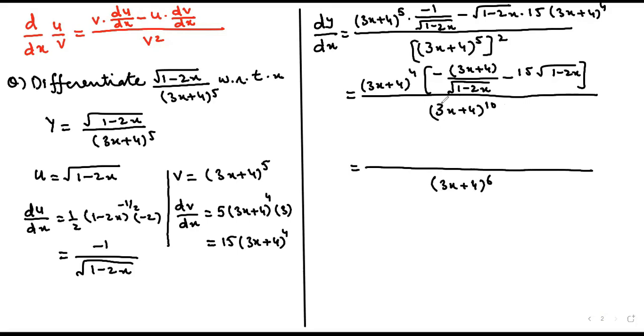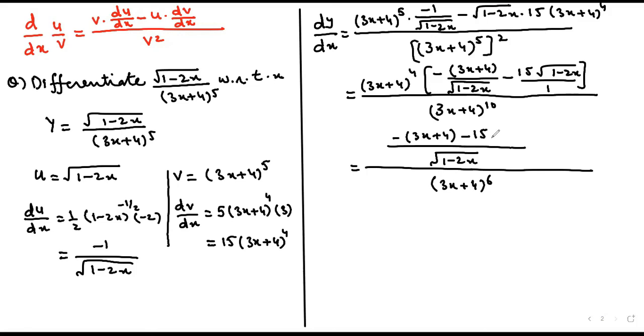Now we will take LCM in the numerator, and the LCM is under root (1 − 2x). In the second term, the denominator is 1, minus (3x + 4) minus 15 into under root (1 − 2x), (1 − 2x).